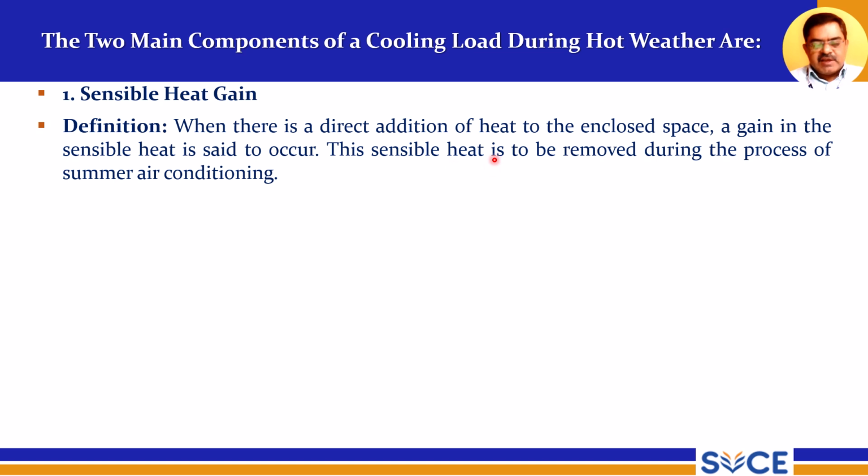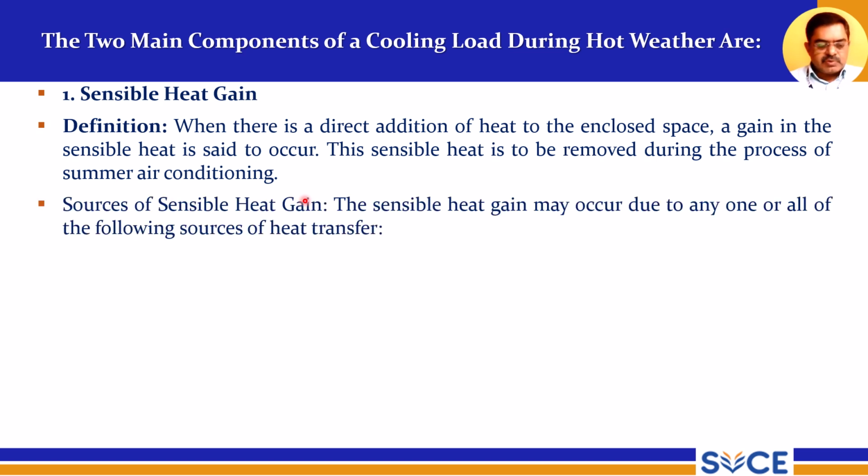This sensible heat is to be removed during the process of summer air conditioning. The air conditioning system should remove the heat that is directly entering the confined space, or it can be a room. Sources of sensible heat gain: the sensible heat gain may occur due to any one or all of the following sources of heat transfer.